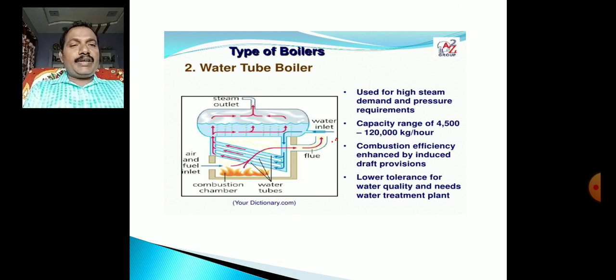And the capacity of this boiler ranges from 4,500 to 120,000 kg per hour. So combustion efficiency is enhanced by induced draft provisions. So it has lower tolerance for water quality and needs a water treatment plant.